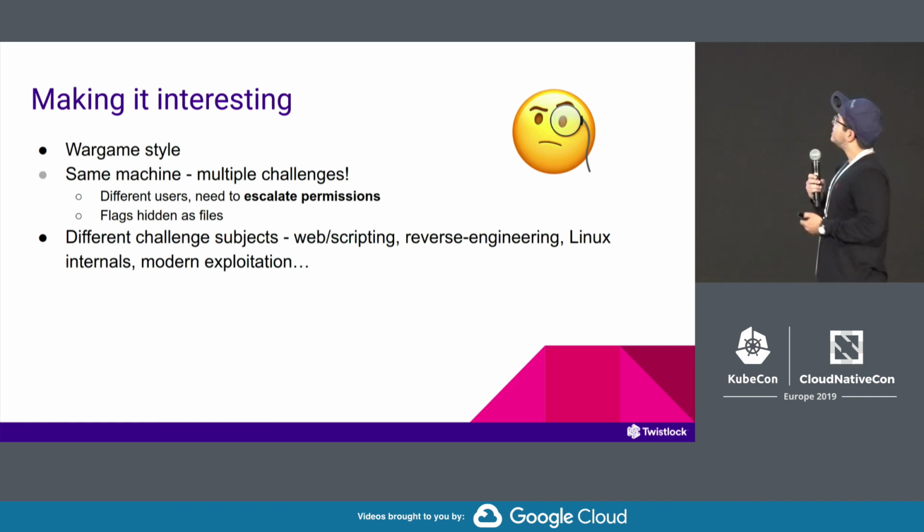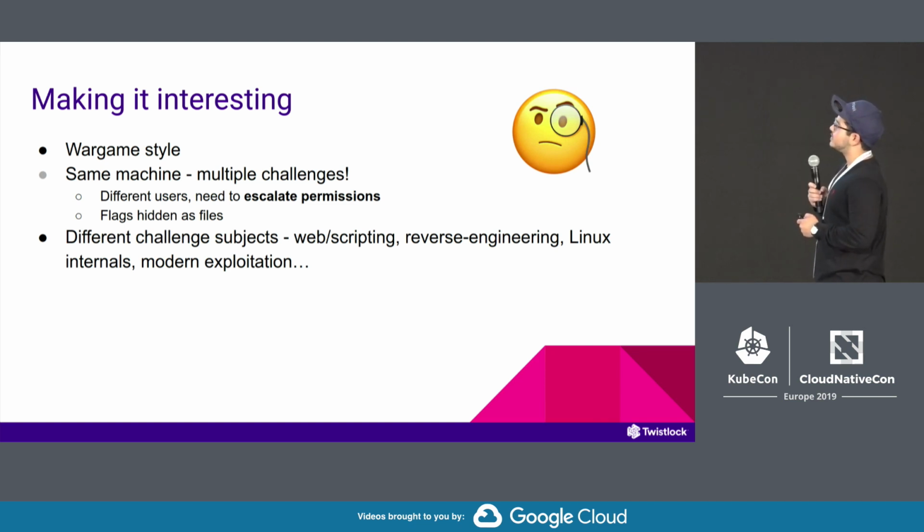And the way we did it is by having different Linux users on the same machine, and the user would have to get access to these users by escalating his privileges to get the actual next, second, and third binaries. And the flags were just files. Solving the challenge required different sets of skills.